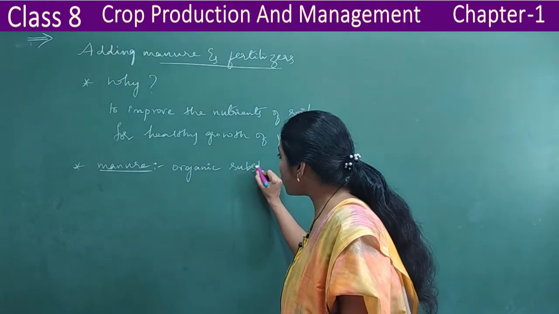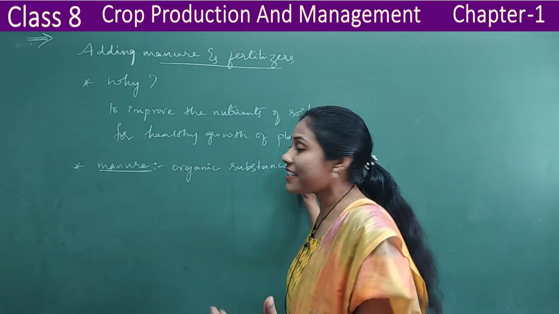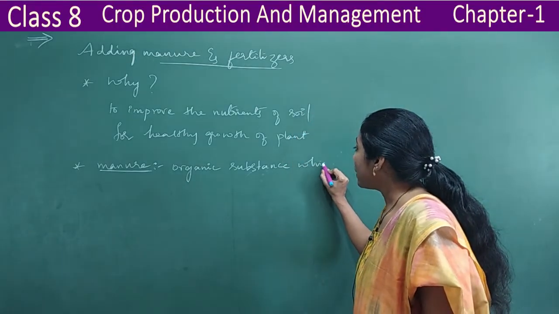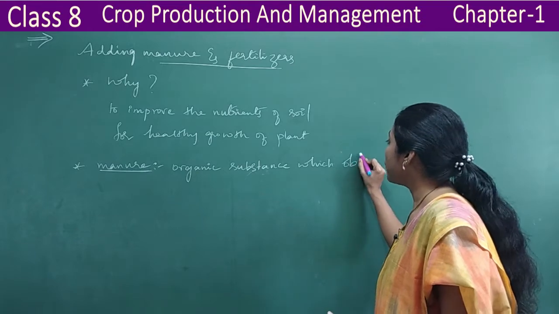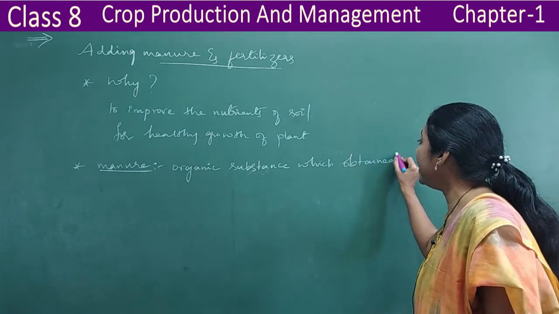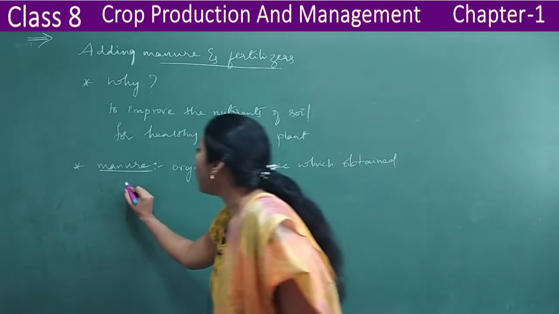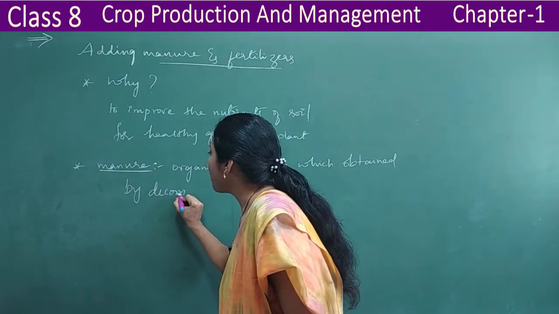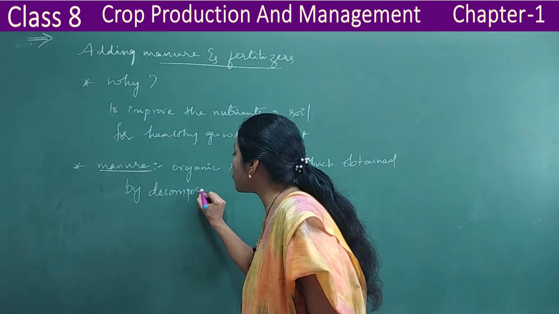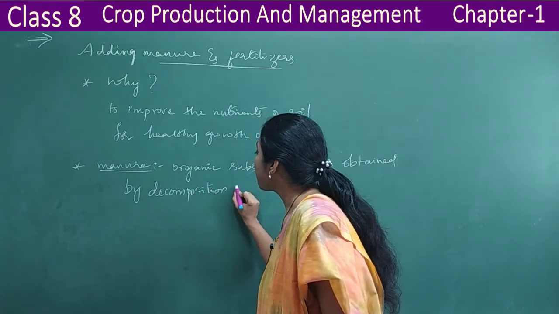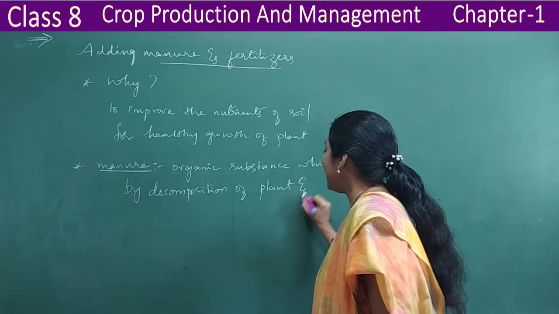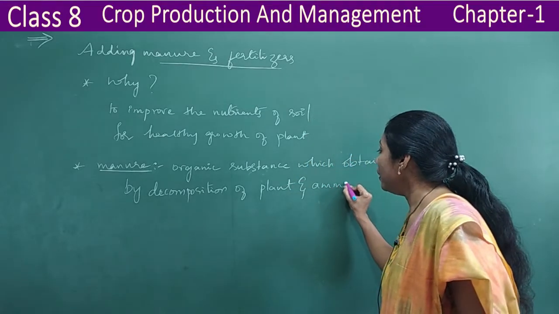So manure is an organic substance. It is one such naturally existing chemical substance, which is obtained, that means formed. Obtained in the sense formed, right? So which is formed or obtained by decomposition of plant and animal waste.